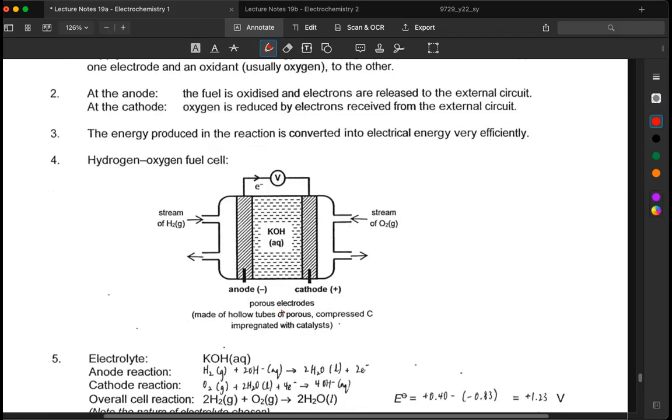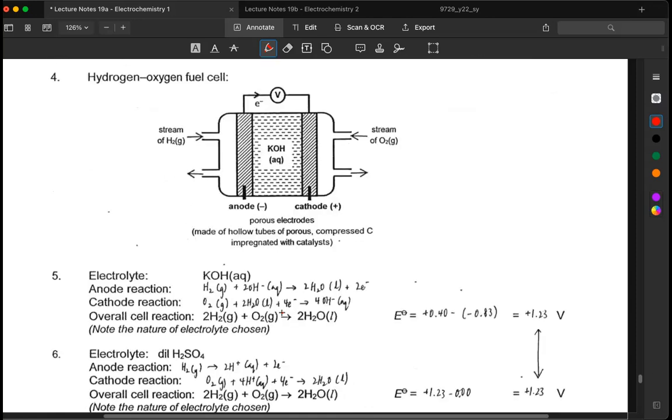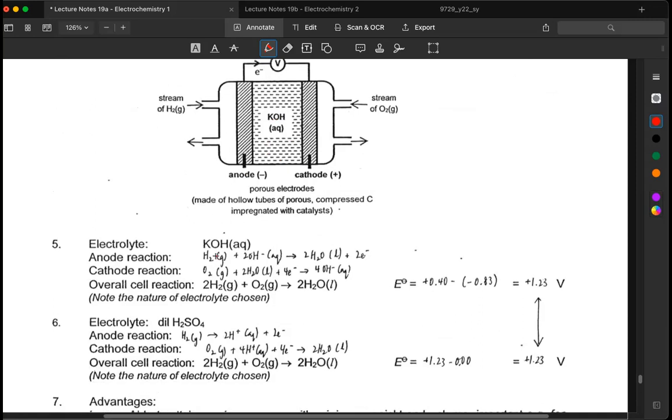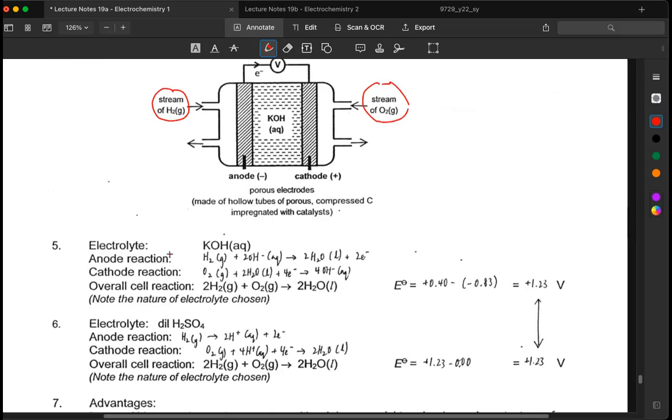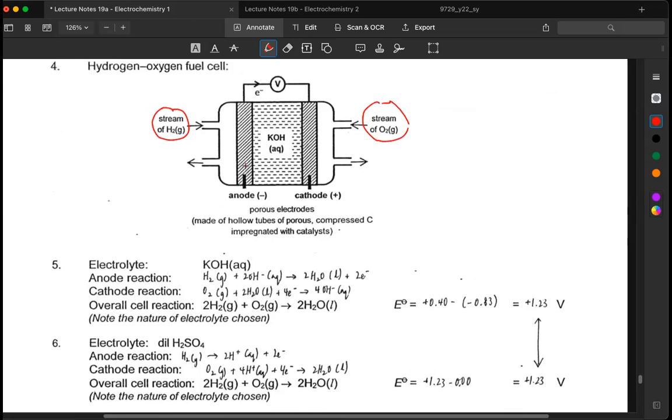So this is the hydrogen oxygen fuel cell. The electrolyte is KOH, alkaline. This is the input, hydrogen and oxygen. At the anode side, the hydrogen reacts with the OH minus.